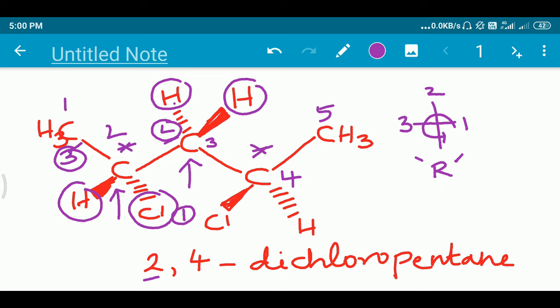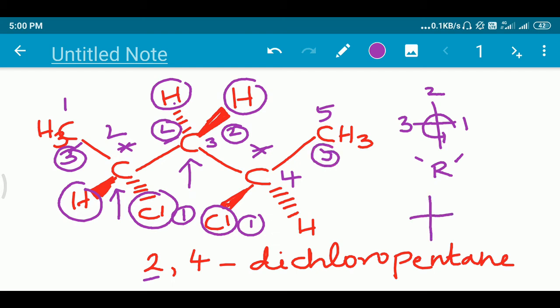Now let us move on to the fourth carbon. In the fourth carbon again, chlorine gets the first priority and this carbon gets the second priority. This carbon gets the third priority.